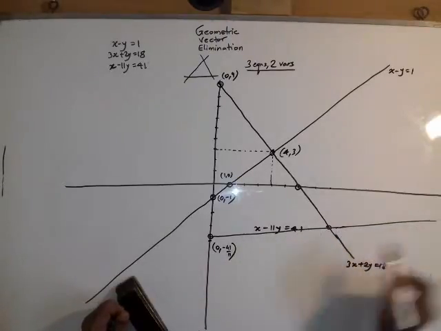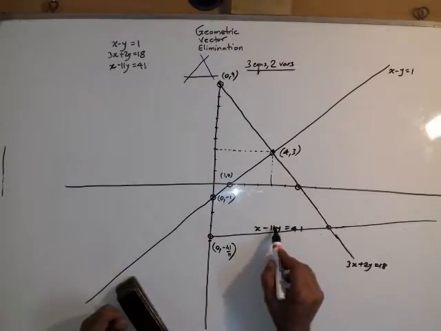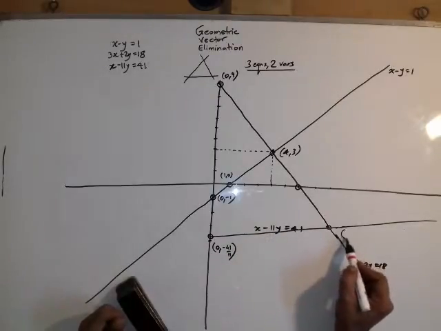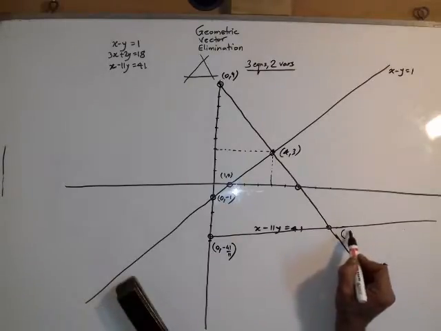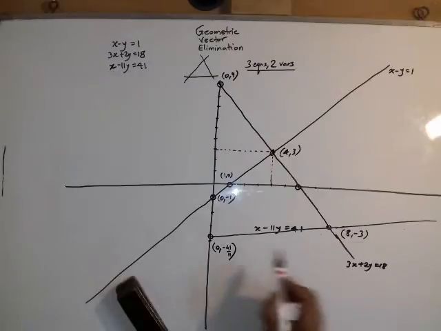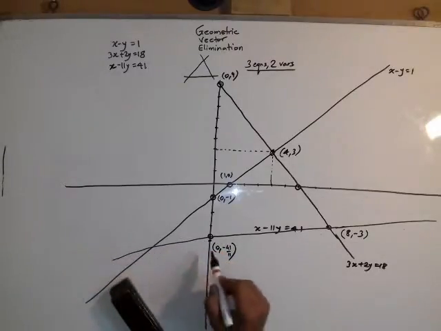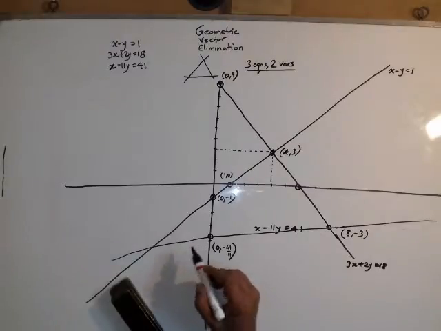Again, if you were to solve this equation and this equation, you would come up with 8, minus 3. You can check that, right? Now this line goes all the way back here and hits this one too. And where does it hit it?